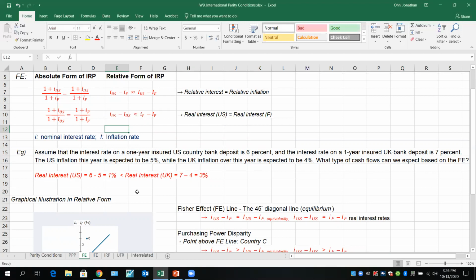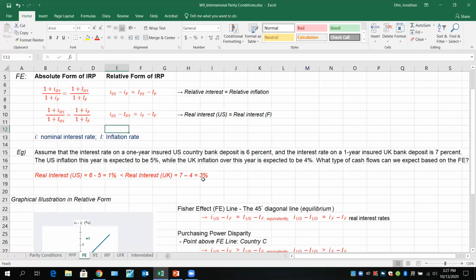Inflation is expected to be 5% in the US and 4% in the UK. What cash flows can we expect based on the Fisher effect? Let's calculate the real interest rate. In the US, the interest rate of 6% minus inflation of 5% is a 1% real interest rate. And the UK real interest rate is 7% minus 4%, which is 3%.